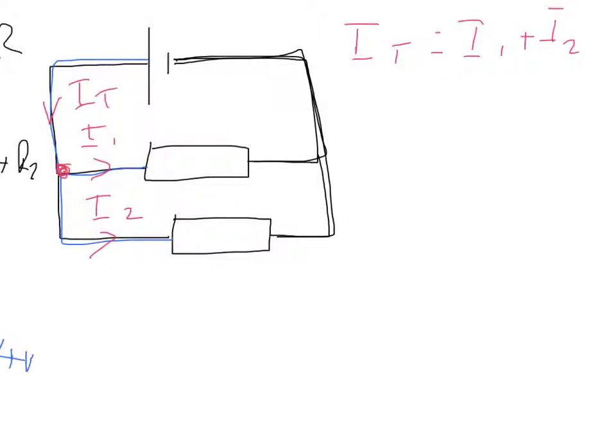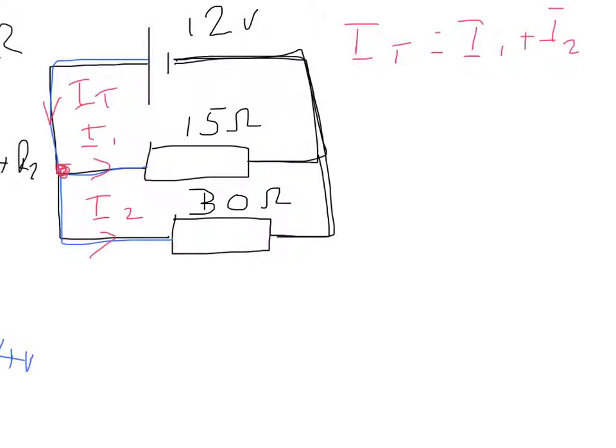Right, let's give the components some values to illustrate this. So if we say that our EMF, our voltage source, is 12 volts, and that our resistors, let's take this resistor here as 15 ohms, and the resistance of this resistor here we're going to have as 30 ohms.